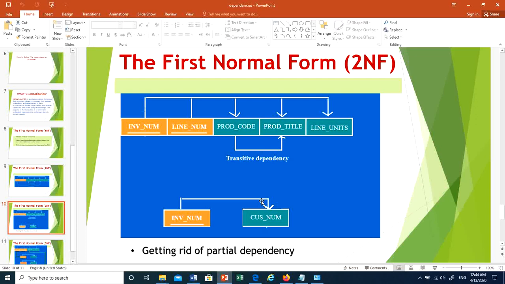In this diagram, I have removed only the partial dependency, but I left the transitive dependency here. I can see that product code determines product title.